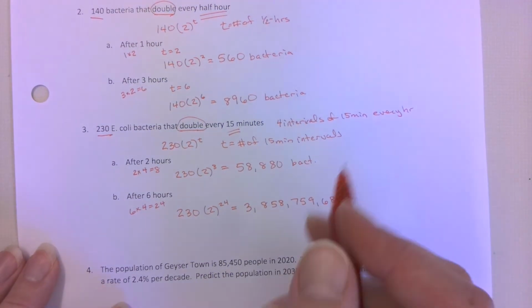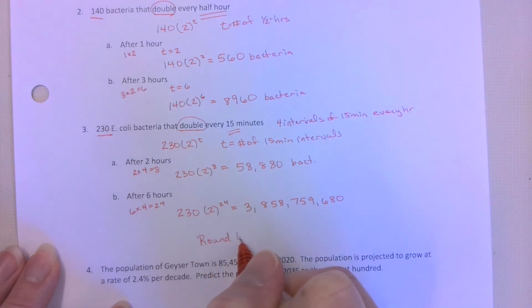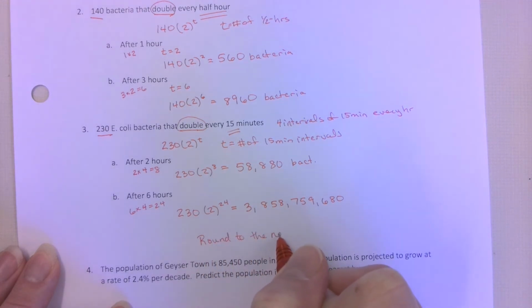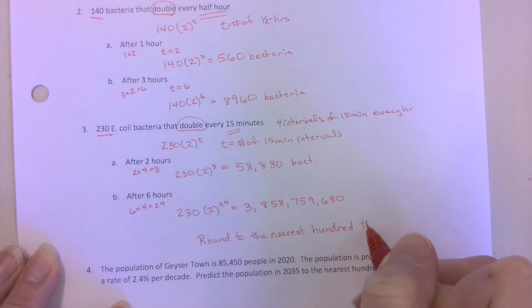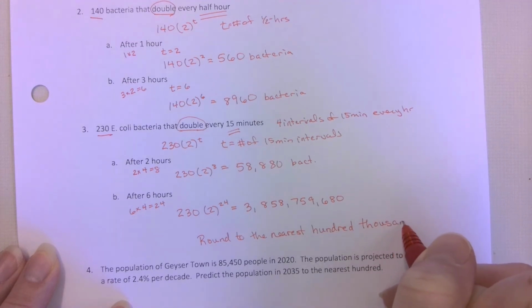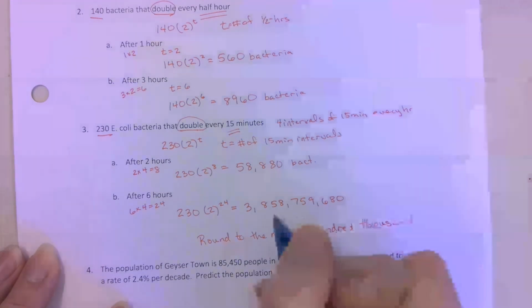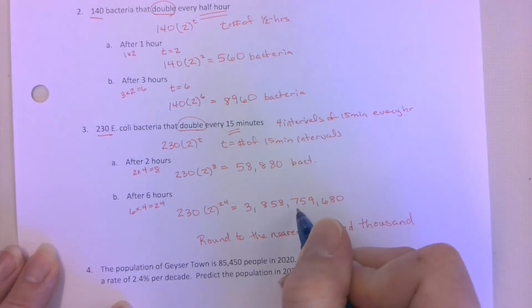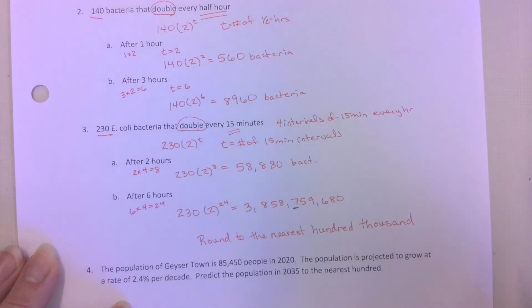If I told you to round this to the nearest 100,000, what would that look like? All right, for the nearest 100,000, we would be looking, here are our hundreds, here are our thousands, so 1,000, 10,000, 100,000.